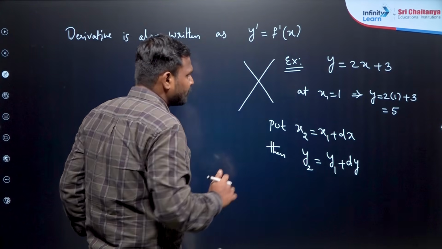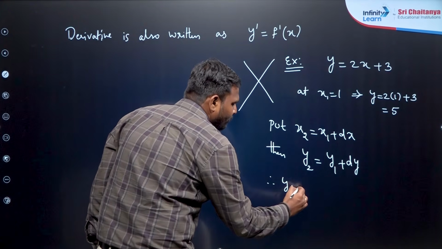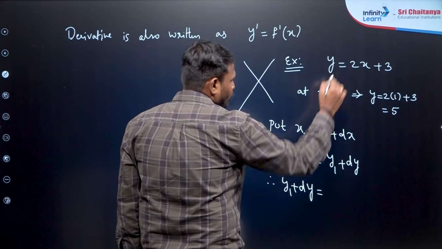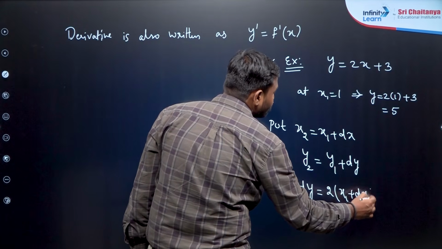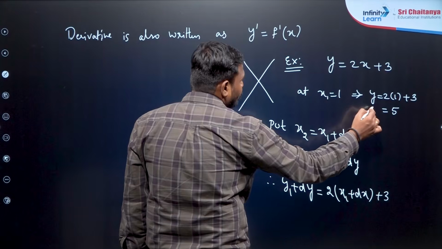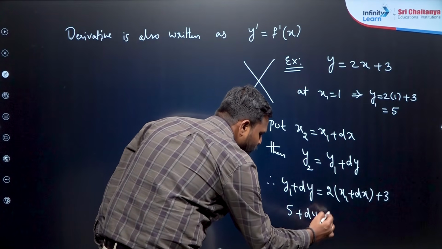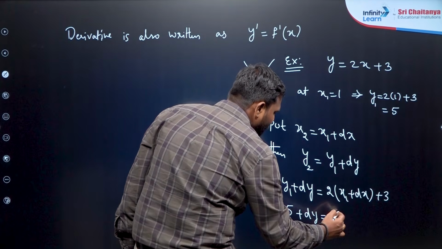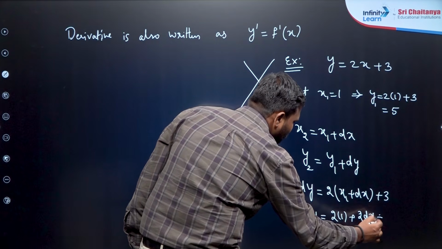So let us substitute, sir. Therefore y1 plus dy is equal to 2 into x1 plus dx, plus 3. So how much is y1? 5. So 5 plus dy is equal to 2 into x1. What is x1? 1. Plus 2 into dx plus 3.